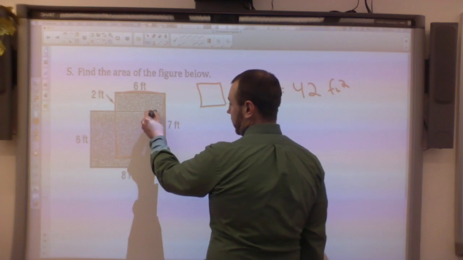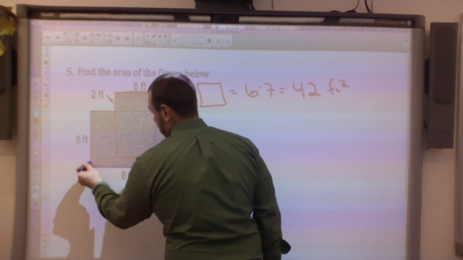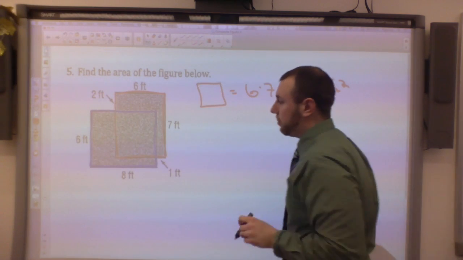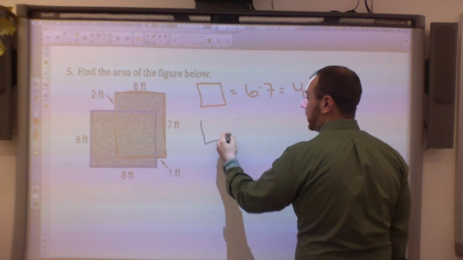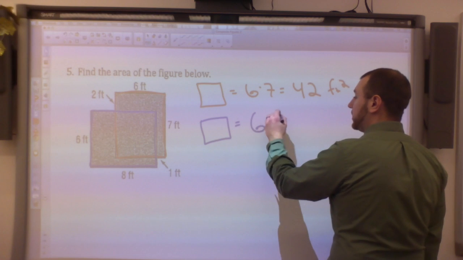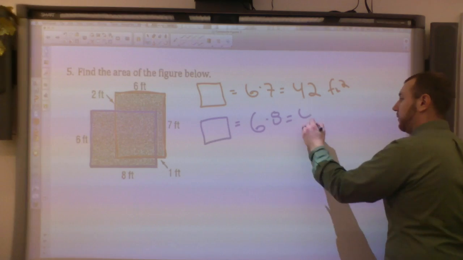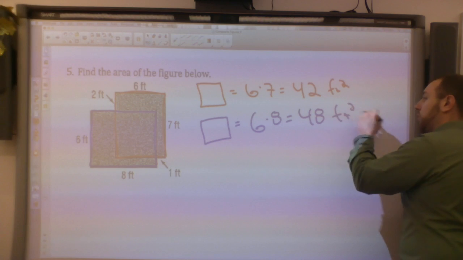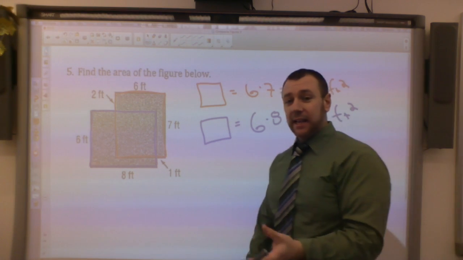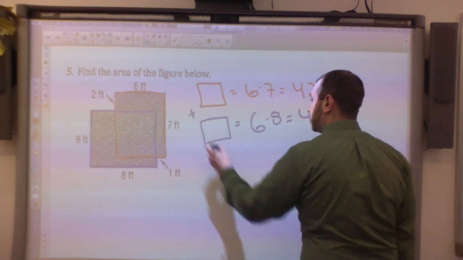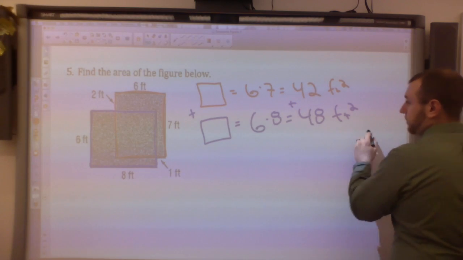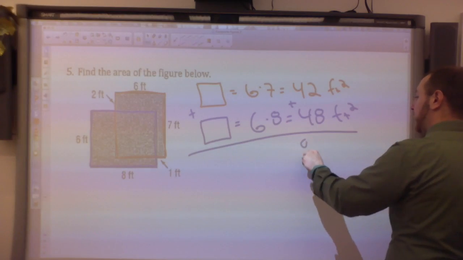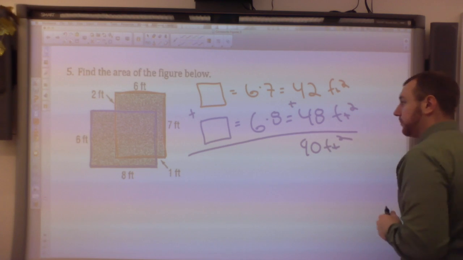Now I'm going to find the area of that blue, which happens to be 6 times 8, which is 48 feet squared. If I add these together, I get 90 feet squared.